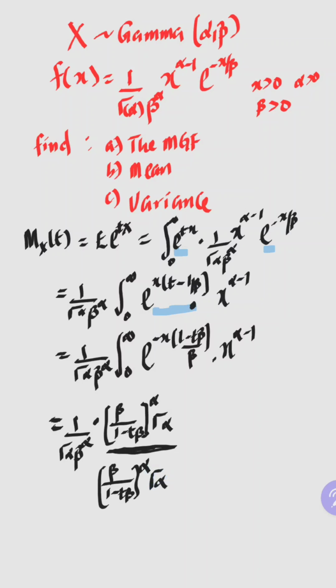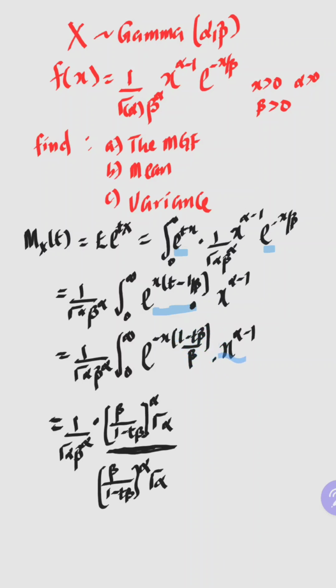Now, we have this general rule of the gamma distribution, which is going to be explained in the next video. Looking at this general rule, this is like the PDF of another gamma distribution. So here we have this as the beta, which is negative x over this.